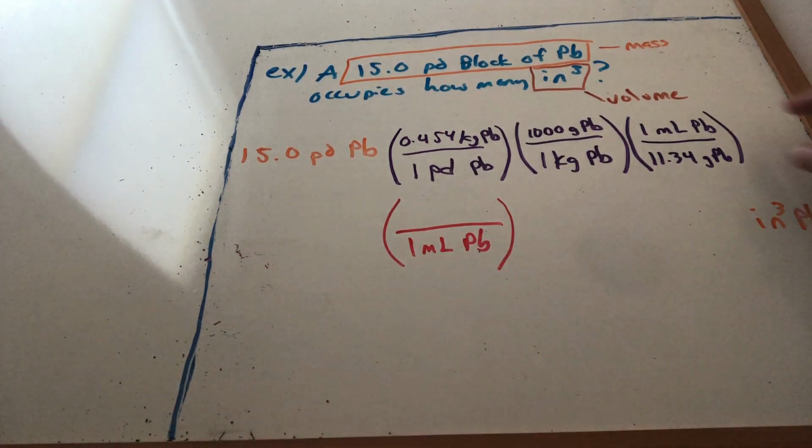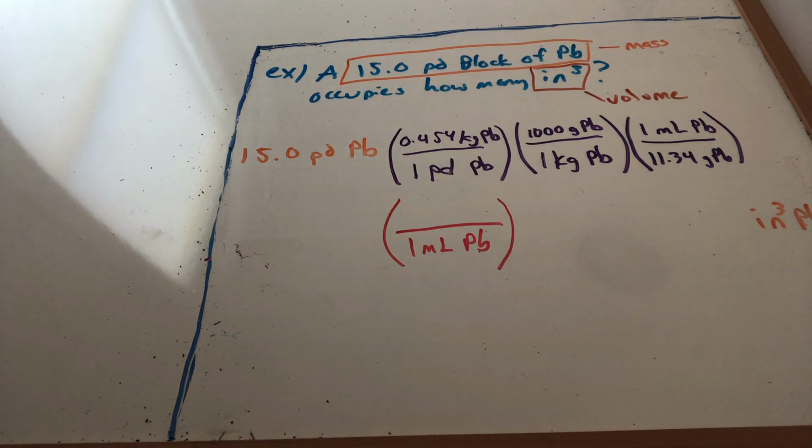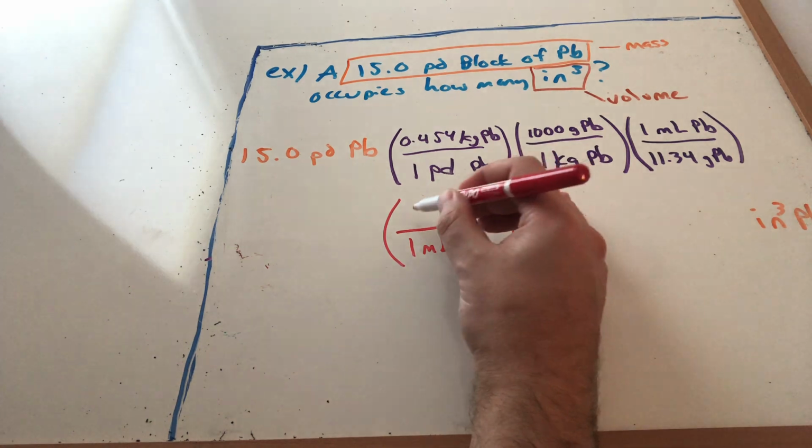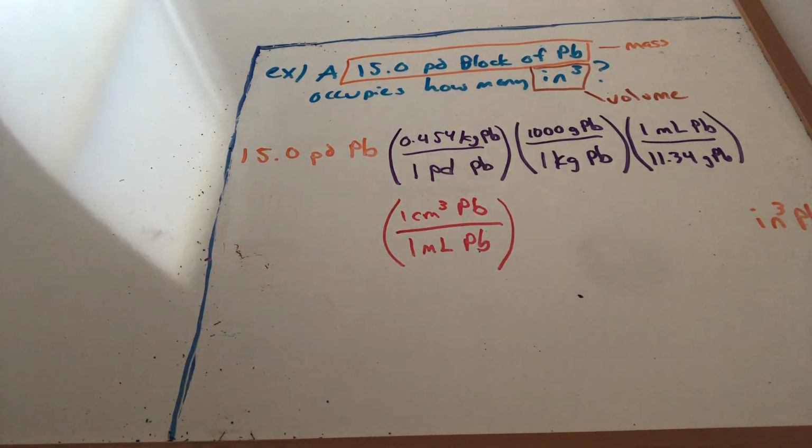I just ran out of room, so if you have space in your paper, write it here. But I'm just going to write it down here. It's still multiplying whatever we have there, right? 1 milliliter of lead is the same as 1 centimeter cubed of lead, and that's the definition. Now, why this helps me is because do I know how centimeters cubed and inches cubed relate to each other?